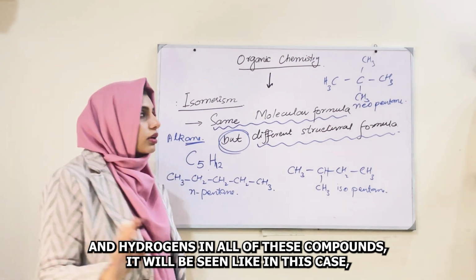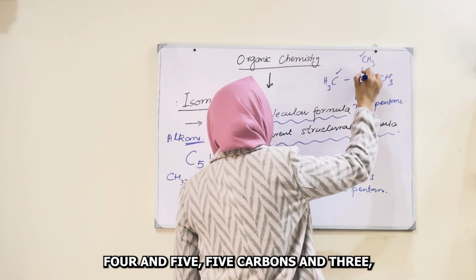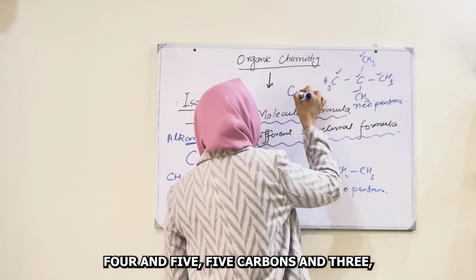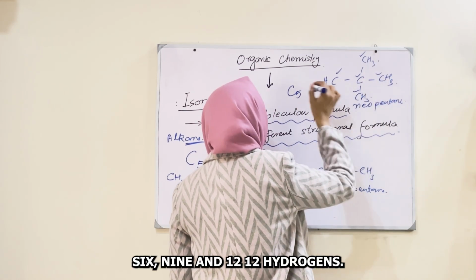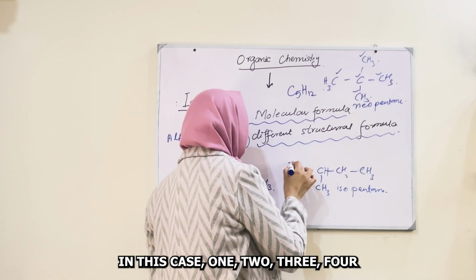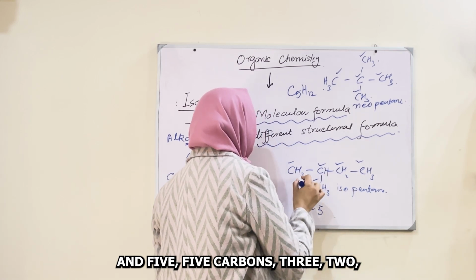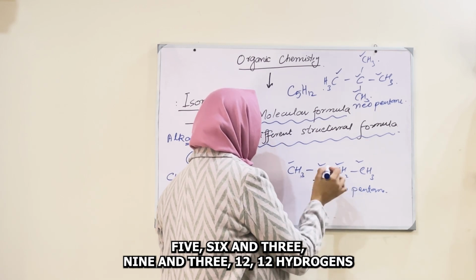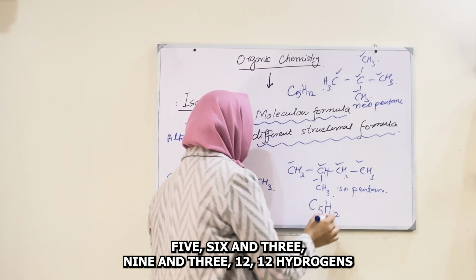Now, if you count the number of carbons and hydrogens in all of these compounds, it will be the same. In this case, 1, 2, 3, 4 and 5 carbons, and 3, 6, 9 and 12 hydrogens, right? In this case too, 5 carbons and 12 hydrogens.